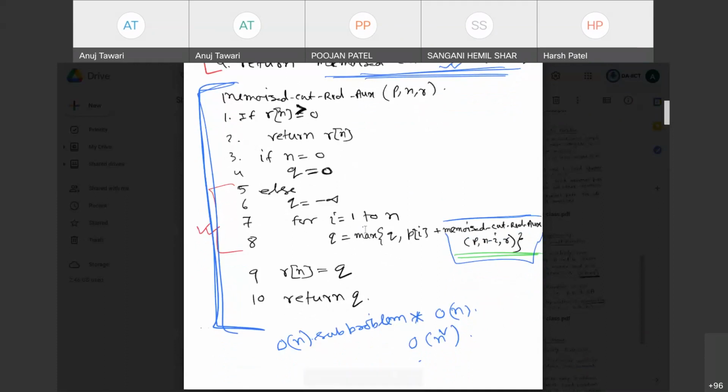In each of these steps, there is just one for loop and we are doing a constant amount of work because n minus i, whatever the values, were already known to us. We just look at the corresponding value in the array and add and do some maximums. So each of these subproblems will only take linear amount of time, big O of n, and we had big O of n subproblems, and therefore it's just big O of n squared.